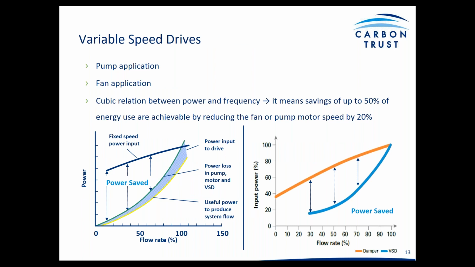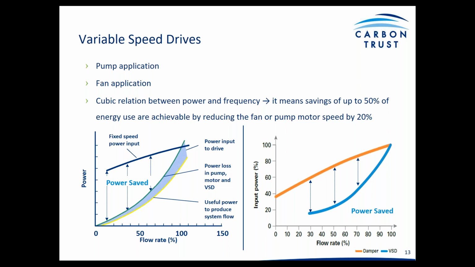Going back to variable speed drives, as I said before, there are pumping and fan applications. On this slide, you can see 2 typical applications. On the left side, we've got the pumping application. You can see how much energy can be saved if we compare the fixed speed pumping system against the application with a variable speed drive.